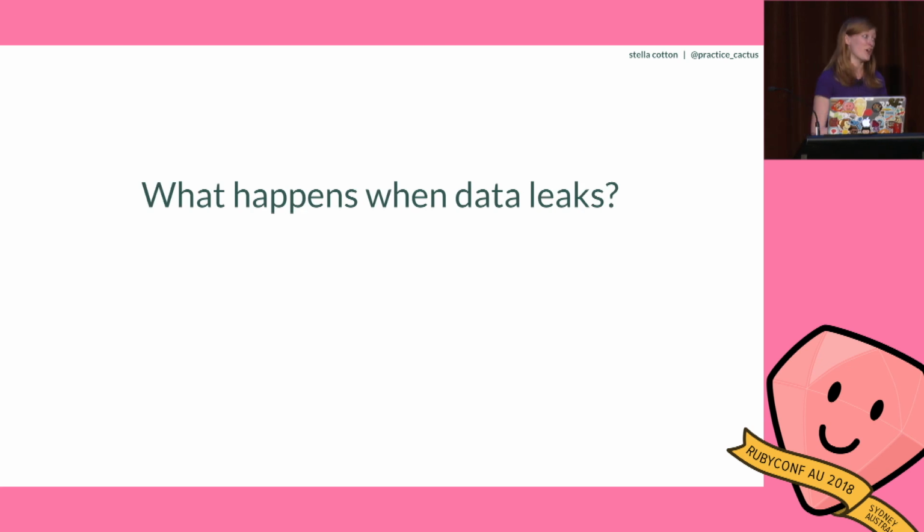And you need to know what happens if we do leak it. If you're using a third-party hosted service, how are we going to know that you've deleted this? And if you're running it yourself, how can you wipe the data?